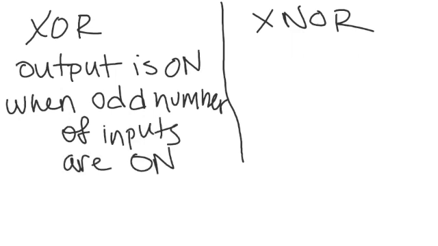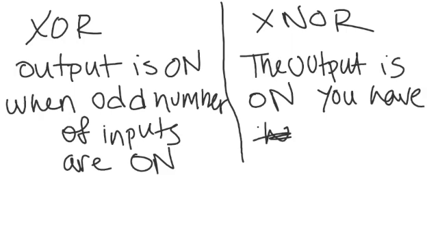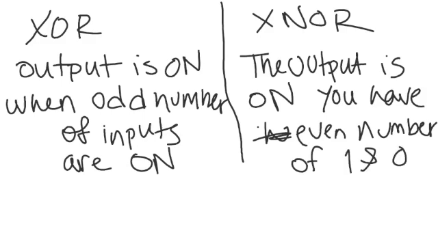And for the XNOR, the output is on when you have an even number of 1s. So this is the difference between XNOR and XOR. Let me draw the truth table.